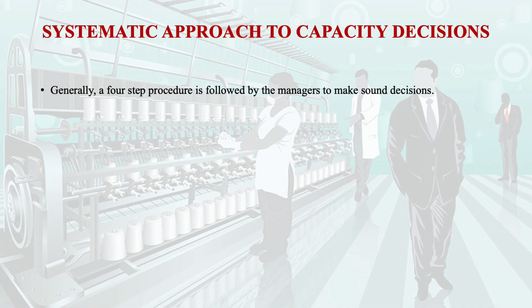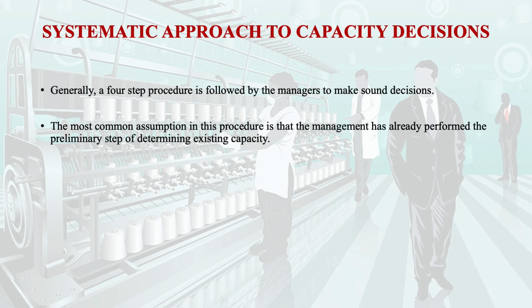Friends, when we are discussing capacity planning, it is very important to discuss a systematic approach to the capacity decision. Generally, a four-step procedure is followed by the manager to make a sound or effective decision.